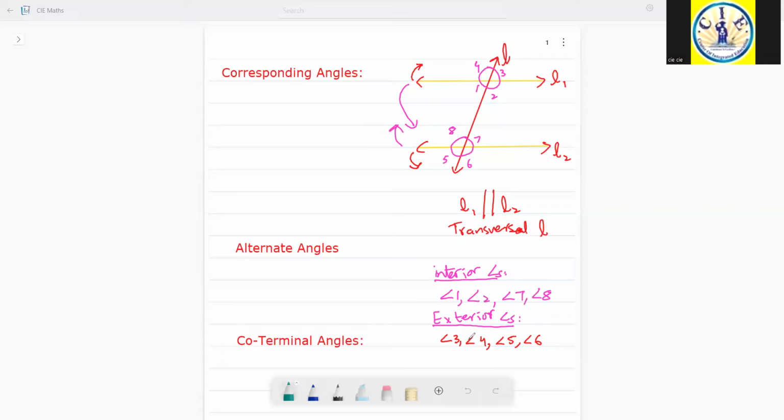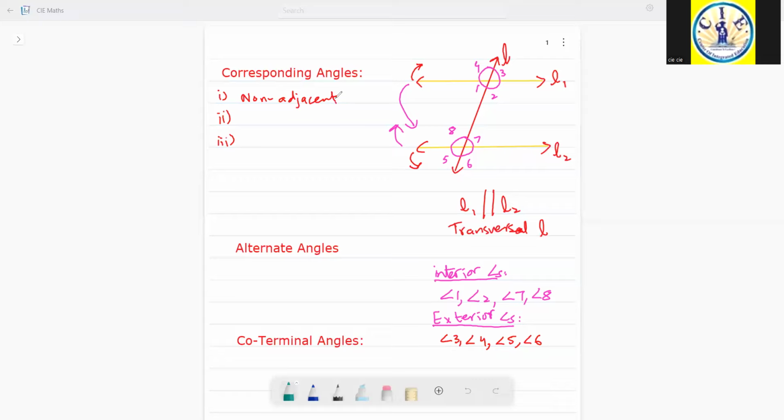Now, when we define the corresponding angles, these are the angles which satisfy these three properties. The first one, that these should be non-adjacent to each other.